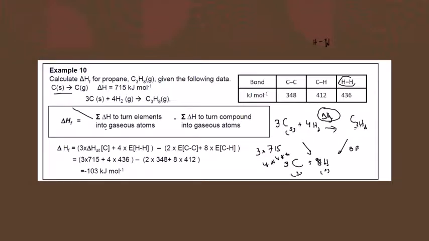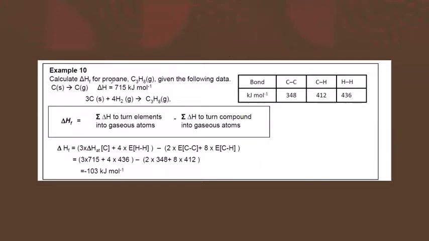And for bonds in C3H8, there are 3 carbon atoms and 8 hydrogen atoms, so 2 carbon-carbon bonds and 8 C-H bonds. This is the bond energy. When we take the difference, we get the enthalpy change of formation for propane. Is this example clear?